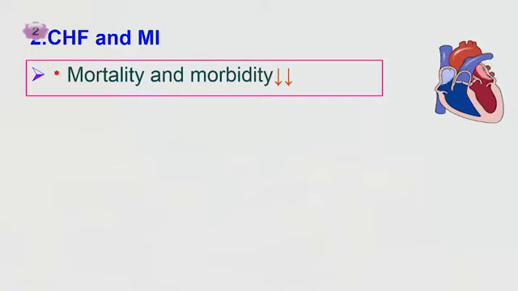If patients use ACEI as early as possible as the basic agent to treat congestive heart failure and myocardial infarction, it can hugely reduce mortality and morbidity, and improve patients' quality of life. So for these reasons, ACEI is the basic agent for heart and vessel disease, especially for heart failure patients.